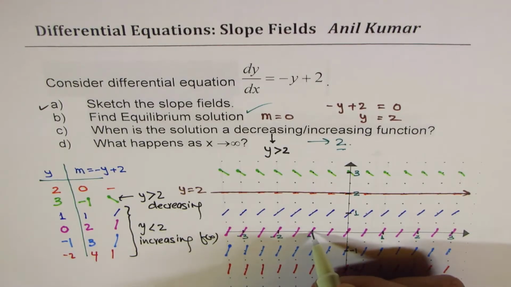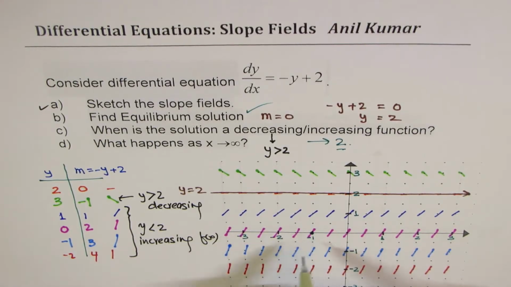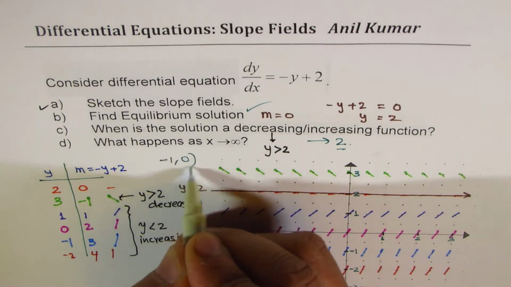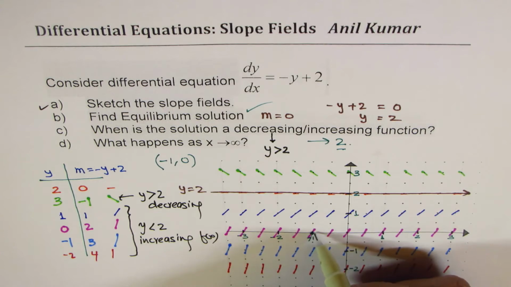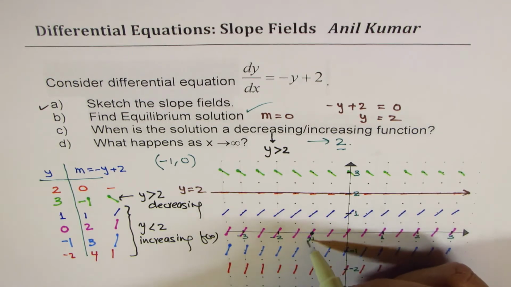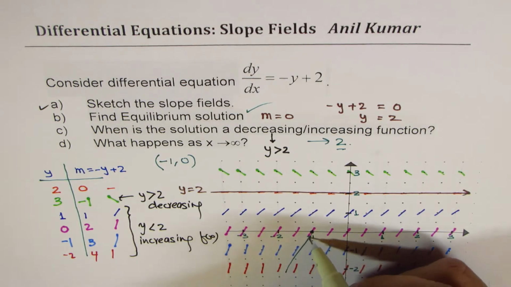Let us say a point here, which is at minus 1, 0. If I select the point minus 1, 0, I could sketch a particular curve. The whole idea is that when you sketch a curve, these segments should be tangent to your curve. So that is how you have to sketch it. Basically it will be like this.